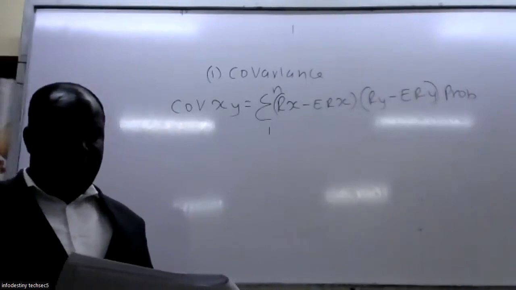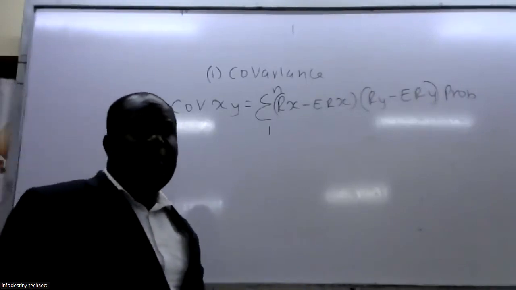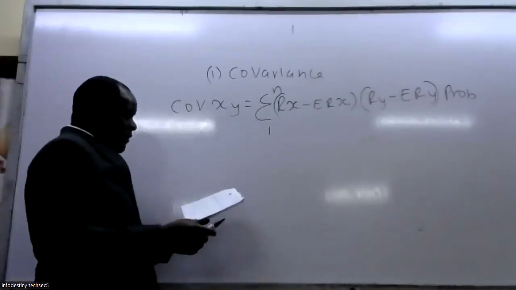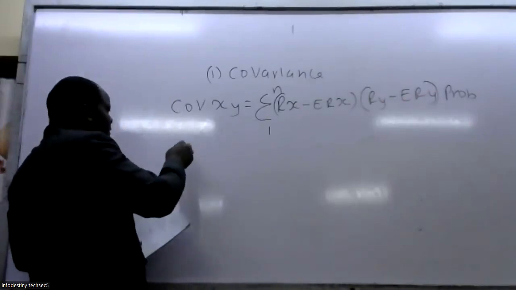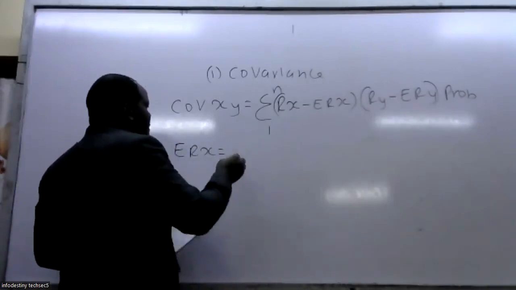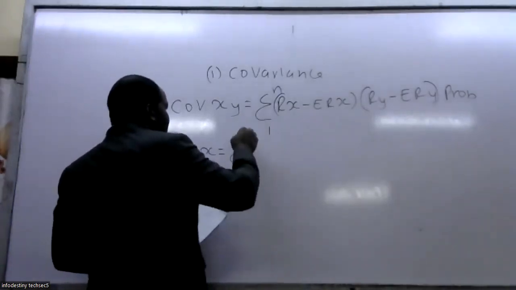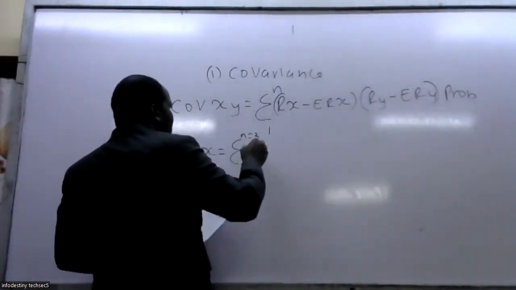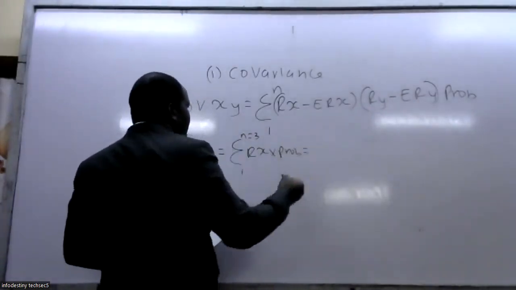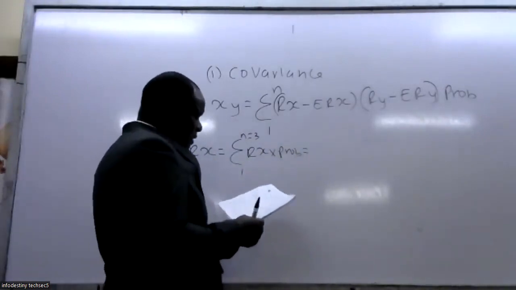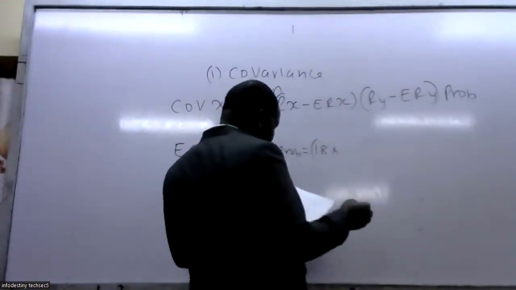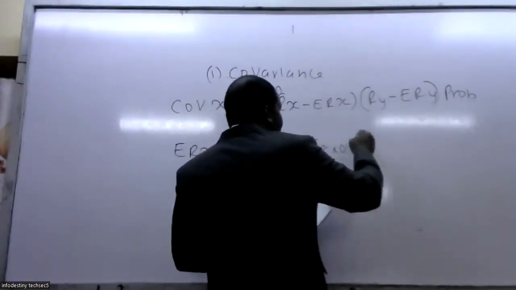So we can start off with first expected return for each. We start by calculating the expected return for X. So to compute expected return for X, we get the summation from the first to the last. So we get the return of X multiplied by the probability for each occurring. The first one is 18, probability of it occurring is 0.4.